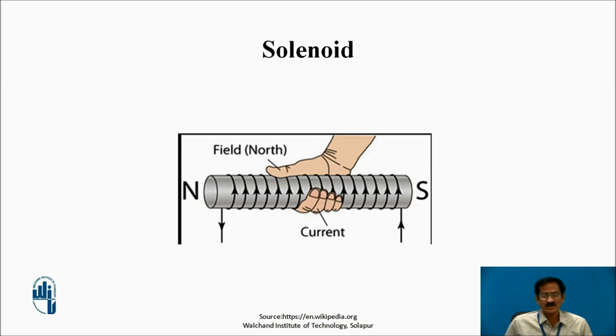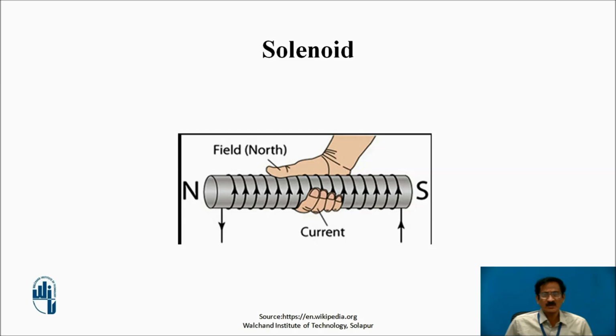On the left hand side there is an N pole, on the right hand side an S pole. The flux induced will escape from the north pole, that is from the left side of this magnetic material. It will travel through the air as a medium and reach the S pole on the right side, and through this magnetic material it will complete its closed path at the north pole.